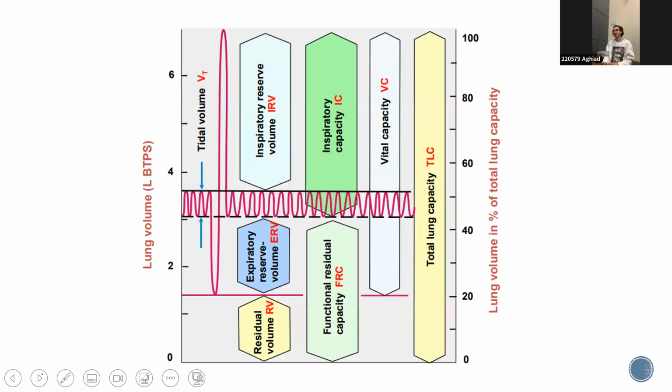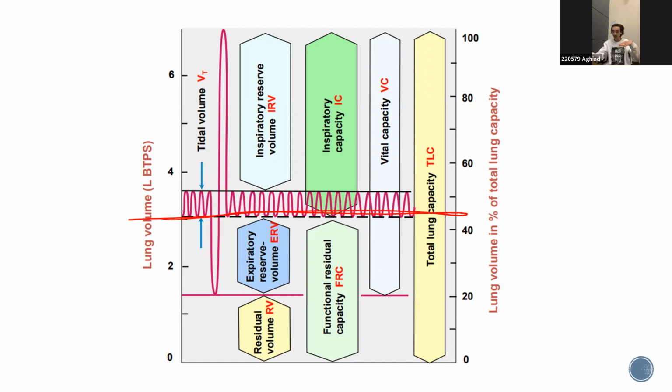So if the other one was a $1 million diagram, this is the $1 billion diagram. It shows everything here. The tidal volume, the waves. If you remember, the functional residual capacity goes up to around 3.